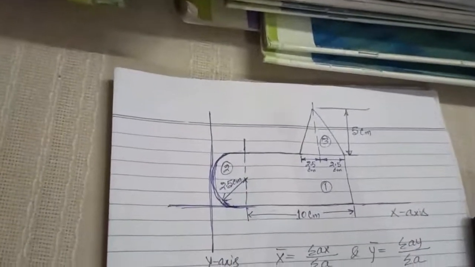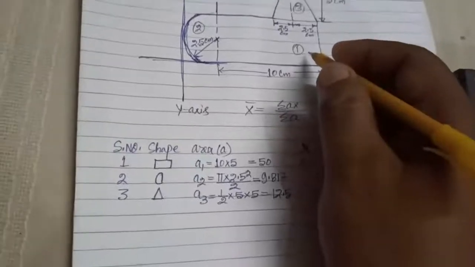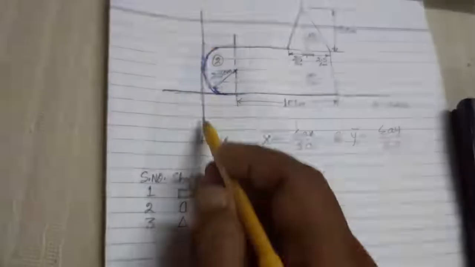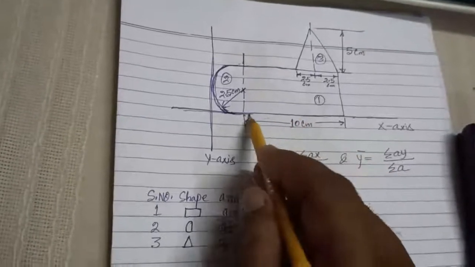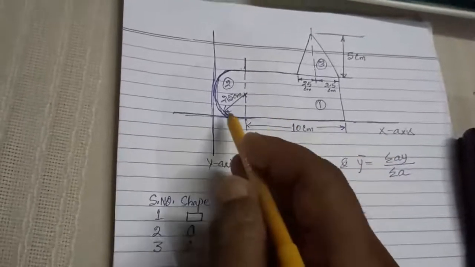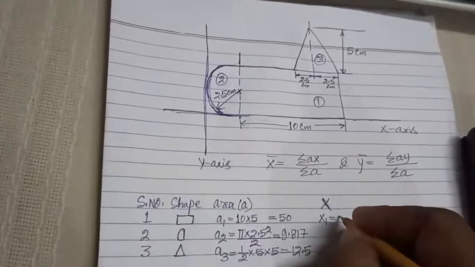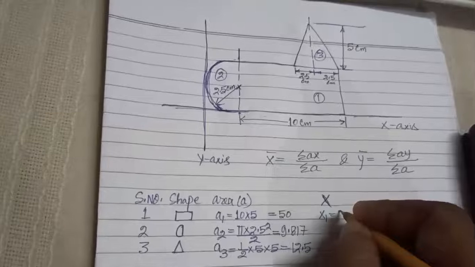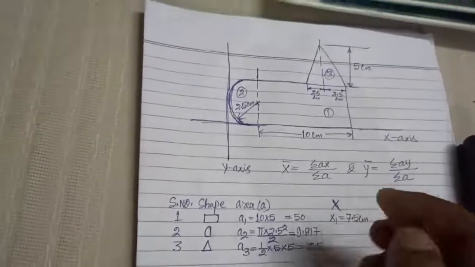So x1 is the centroid of the first figure from this reference line. So here it is at 5 centimeter, half of this, and from here 2.5 will be added to this. So it is at 2.5 plus 5 is equal to 7.5 centimeter.